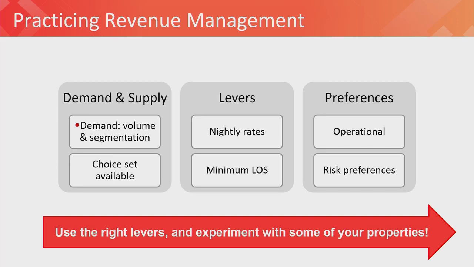Once you've figured out the volumes and the segmentation, then you can ask what levers to start pulling in terms of rates, minimum length of stay, length of stay discounts, fees, and all those things. But when pulling these levers, you also need to be very aware of your preferences and constraints in terms of operations, and even risk preference.